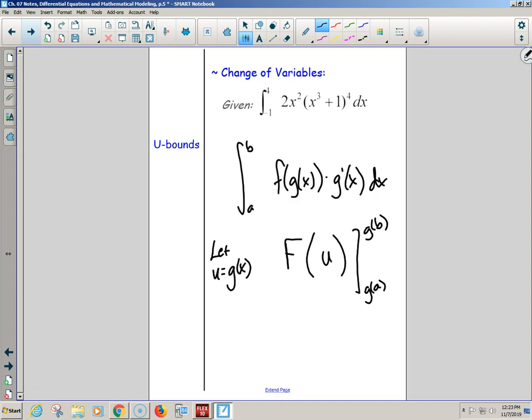So your u bounds, you would plug in the bottom bound. Remember, it has to stay on the bottom, even if it's bigger. Plug in your top bound. Remember, it has to be on the top, even if it's smaller. And then your antiderivative would be the antiderivative of the outside because your u prime is perfect. Ugh. Kind of gross, though. But that's how you would make u bounds in some sort of generalized fashion.